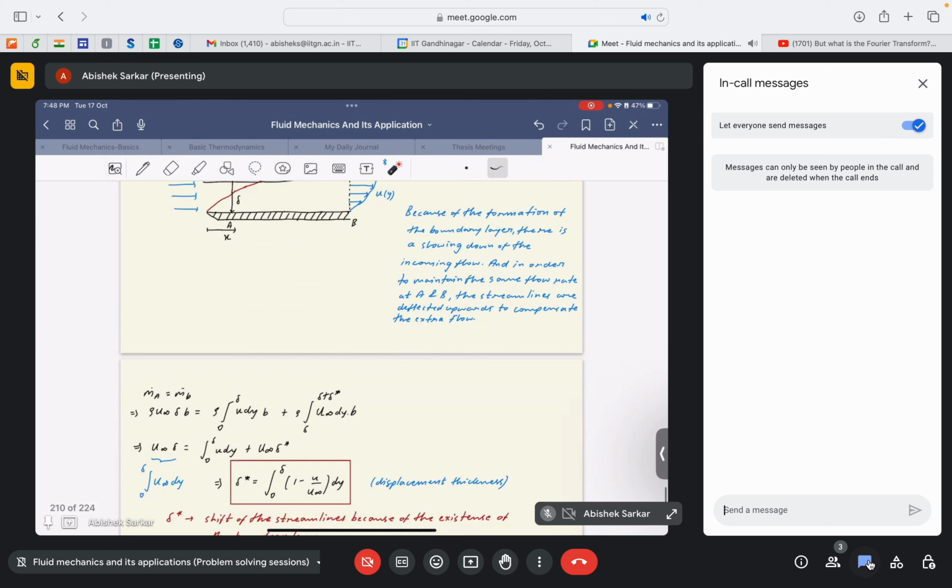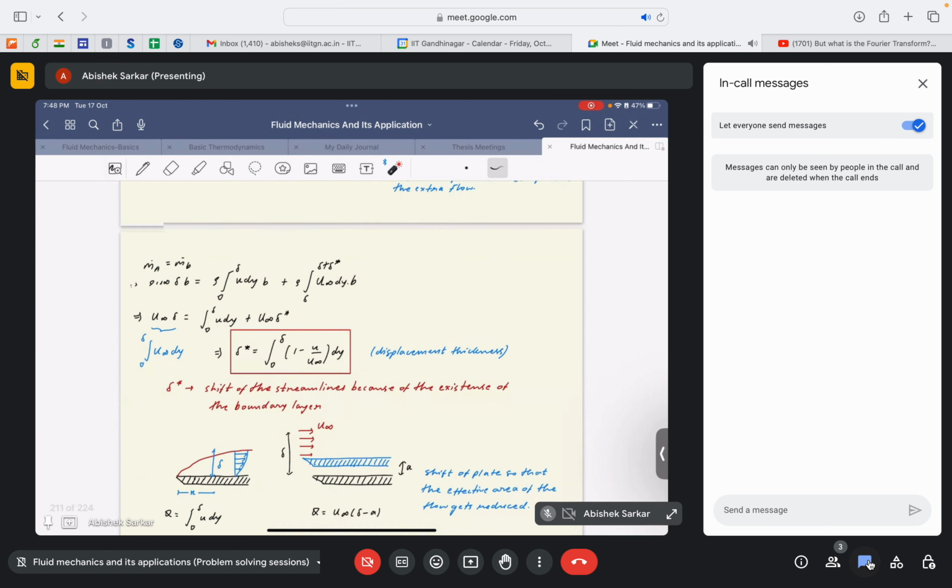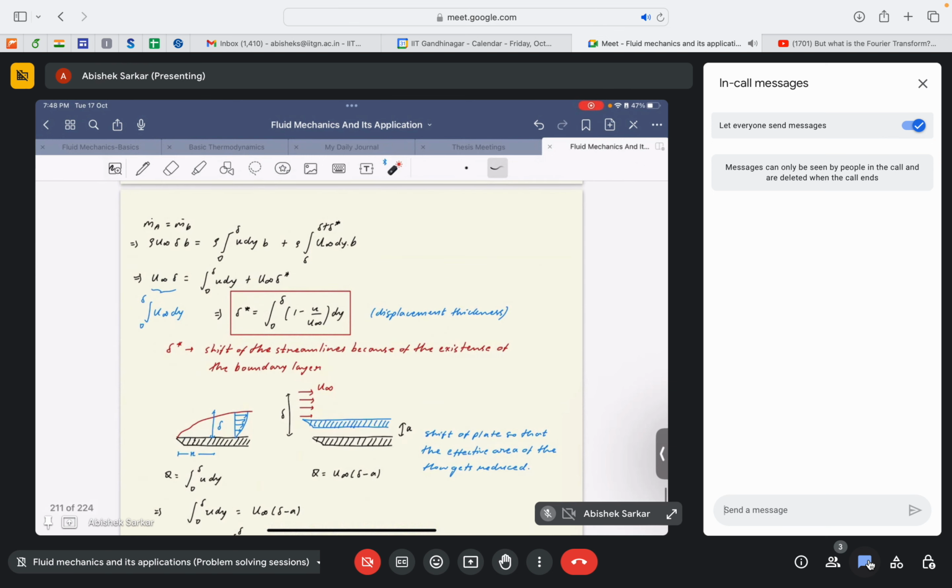Doing this integration and modifying the terms, we finally get that delta star is the integral from 0 to delta of 1 minus u by u infinity dy. This is the expression for displacement thickness.